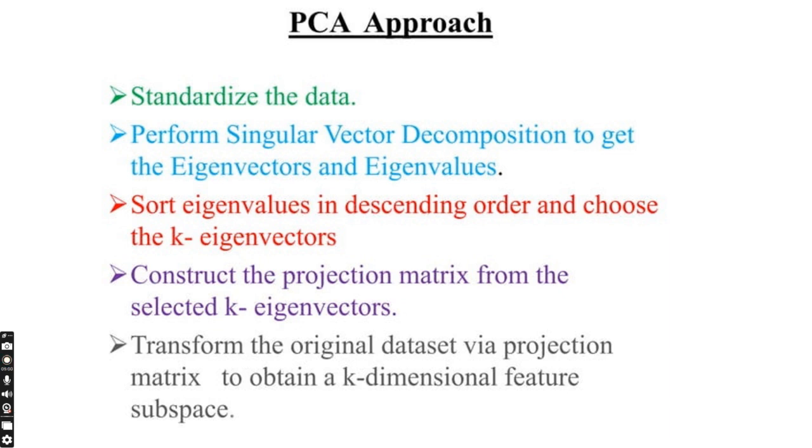Then, what are the approaches of PCA? PCA standardizes the data. It extracts the features and reduces the dimension. In order to do so, standardize the data and perform singular value decomposition to get eigenvectors and eigenvalues from the data.